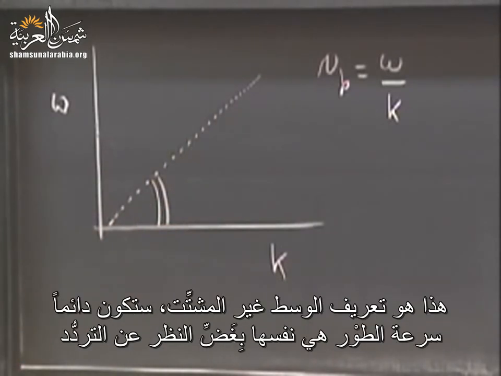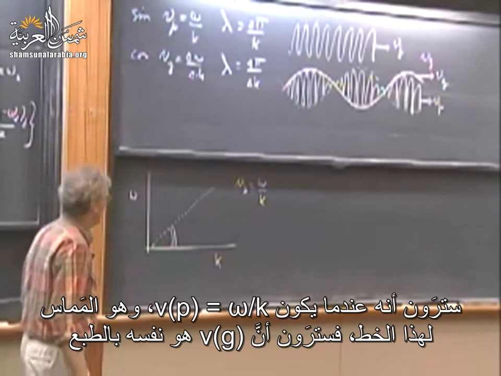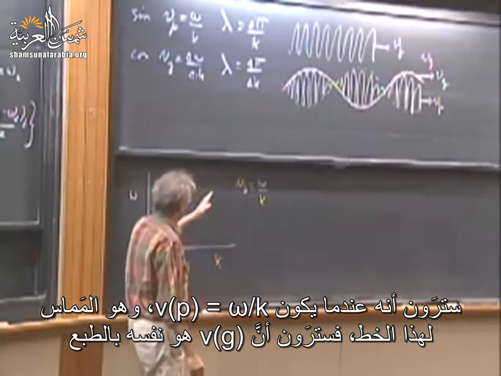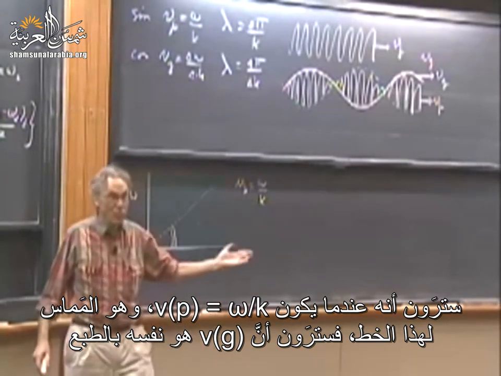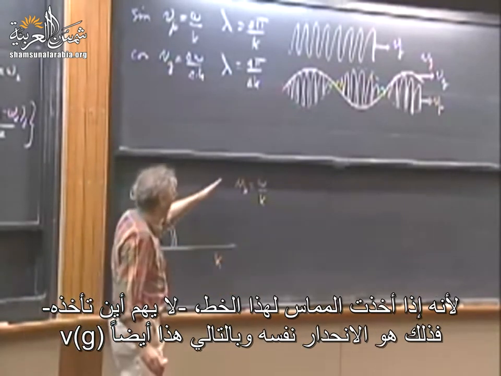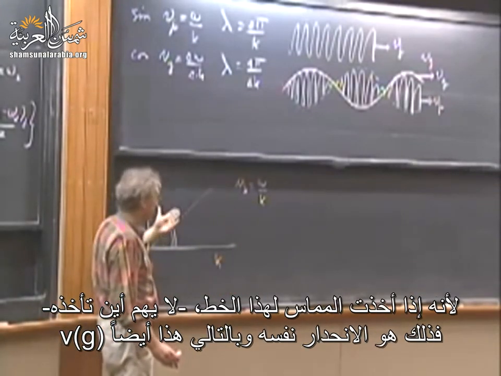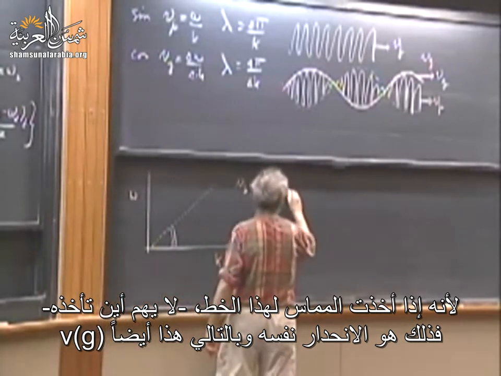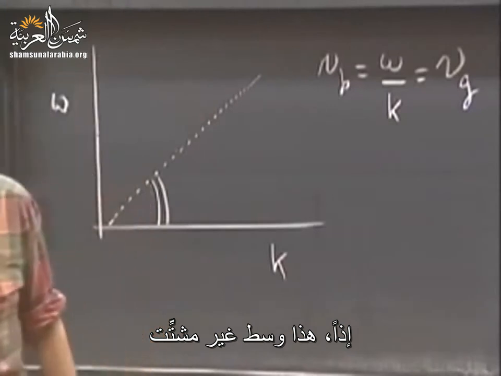That all waves, regardless of frequency, have the same phase velocity. And so you will see, since the group velocity is d omega/dk, which is the tangent of this line, that the group velocity is the same, of course. Because if you take the tangent of this line, no matter where you take it, that is the same slope. So this is also the group velocity. And so this is a non-dispersive medium.